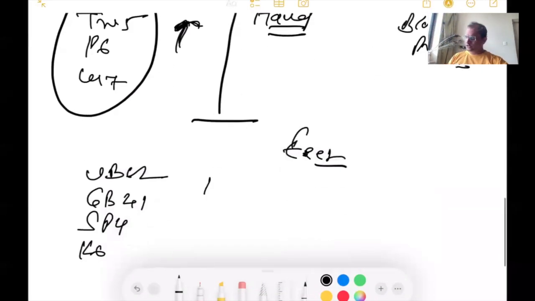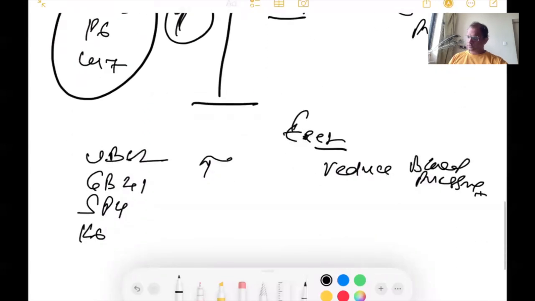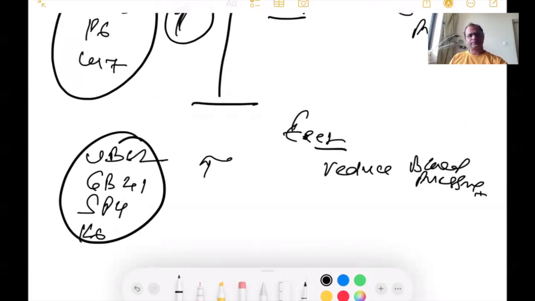But if you tonify the lower points, they will reduce blood pressure. They will balance the chi. They will improve the chi and they will reduce the chi. That's why we use UB62.